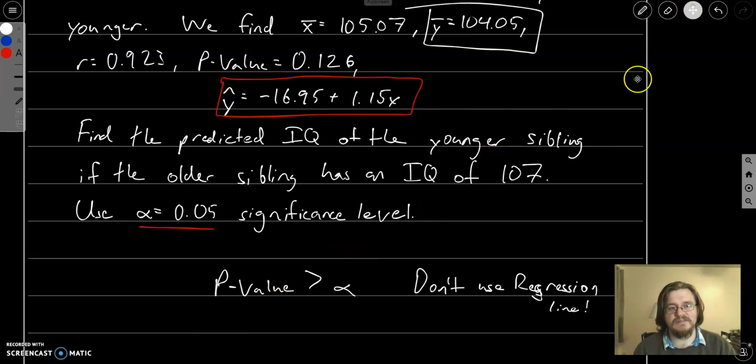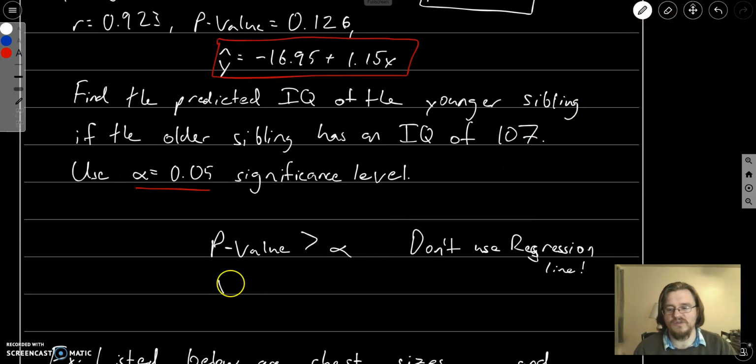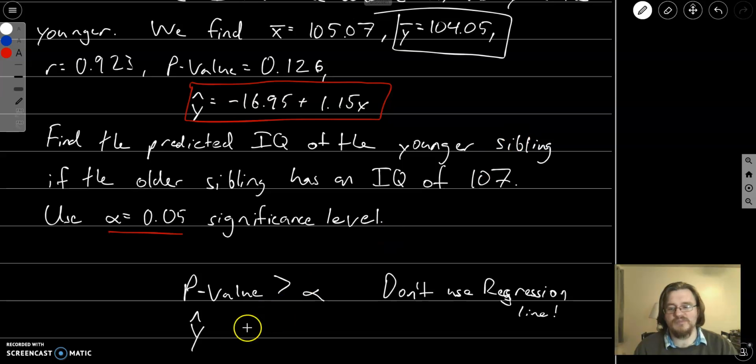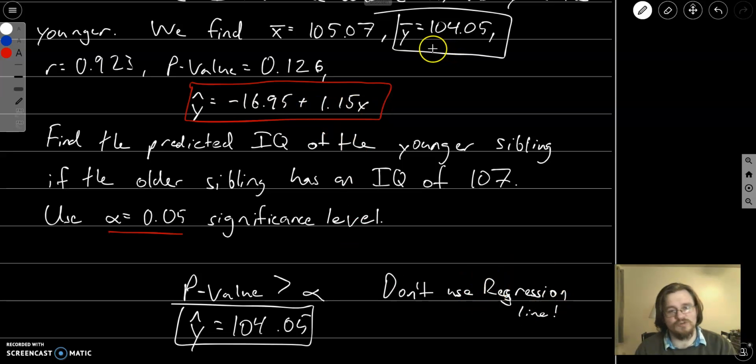So the predicted value, which is going to be y hat, the only prediction that we can make is probably going to be pretty close to the mean, to our average IQ. So there is our prediction. If we can't make it using the regression line, we'll just use the mean.